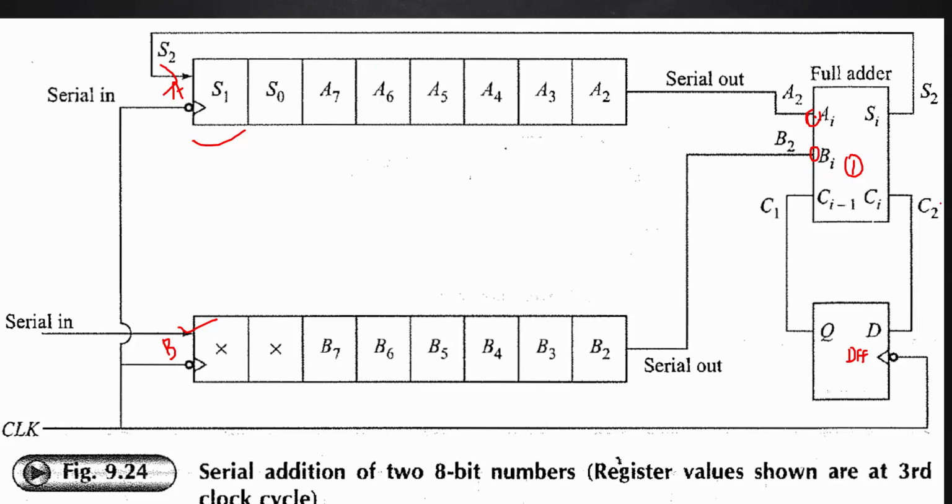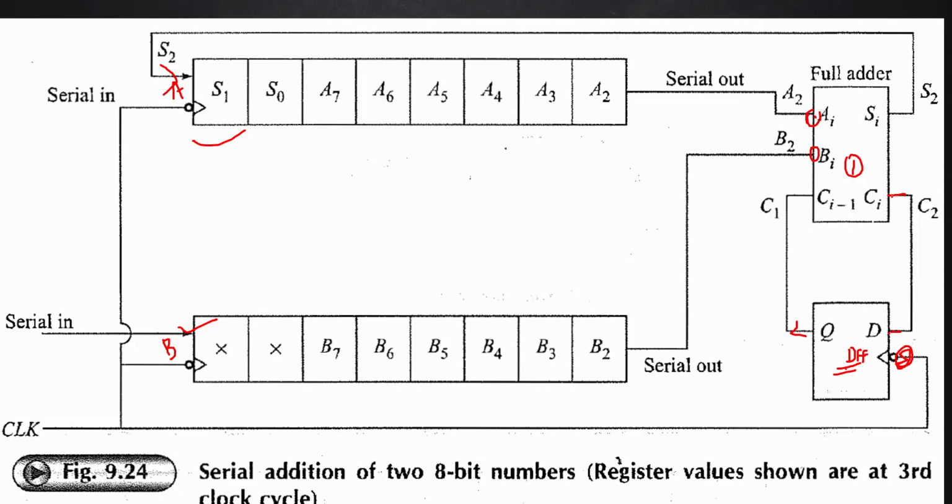Okay. And what about the carry? The carry output is considered as an input to your D flip-flop, and this output is connected back to the carry input of your full adder. What is the logic? We know that a D flip-flop is a delay flip-flop. Whatever value is available at its D input, it will propagate to the output side only after getting the next clock input, right? So it will make a delay in this input propagation.